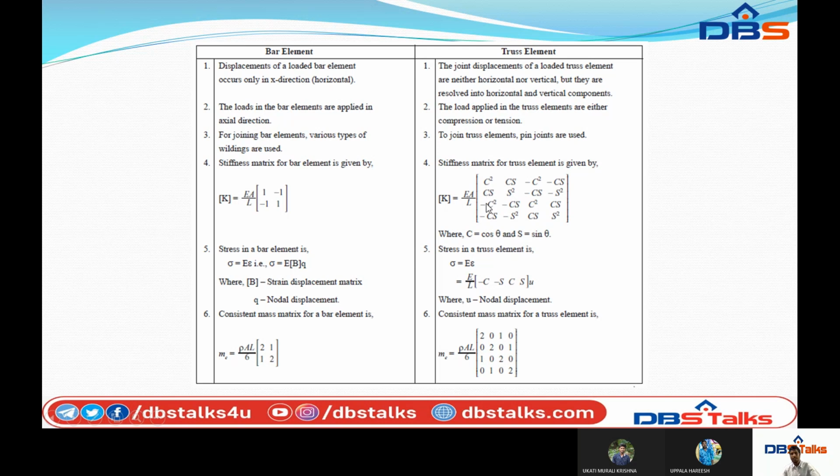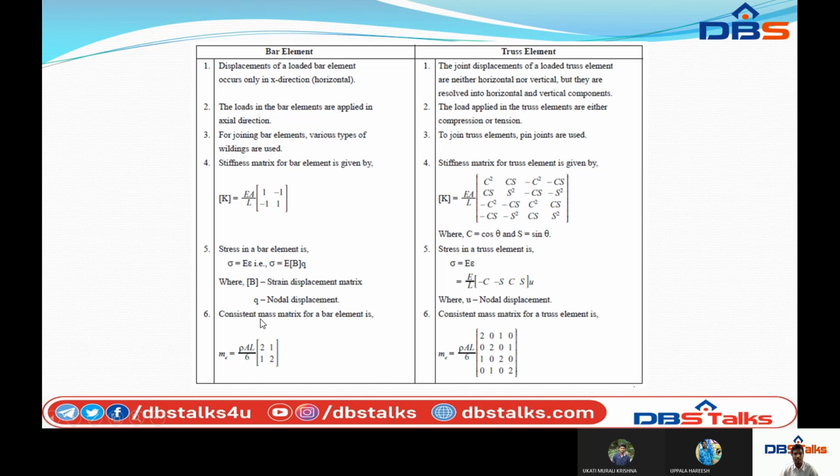Why? Because we are assuming C square, CS and minus C square, minus CS. Instead of C square, CS, we are taking L square, LM, minus L square, minus LM. So both are similar. Remember that point. Here, B is the displacement matrix and Q is the nodal displacement.